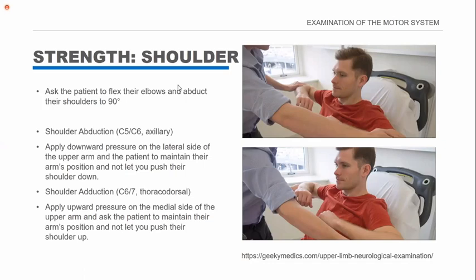So this is how we examine shoulder abduction and shoulder adduction. For shoulder abduction, you ask the patient to flex their elbows and abduct their shoulders at right angle to their body. You can see the elbows are flexed and shoulders are abducted at right angle.